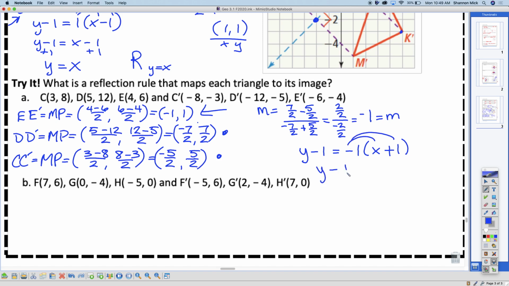So y minus 1 equals negative x minus 1. Add 1. Add 1. So I have y equals negative x. So the rule is r of y equals negative x.